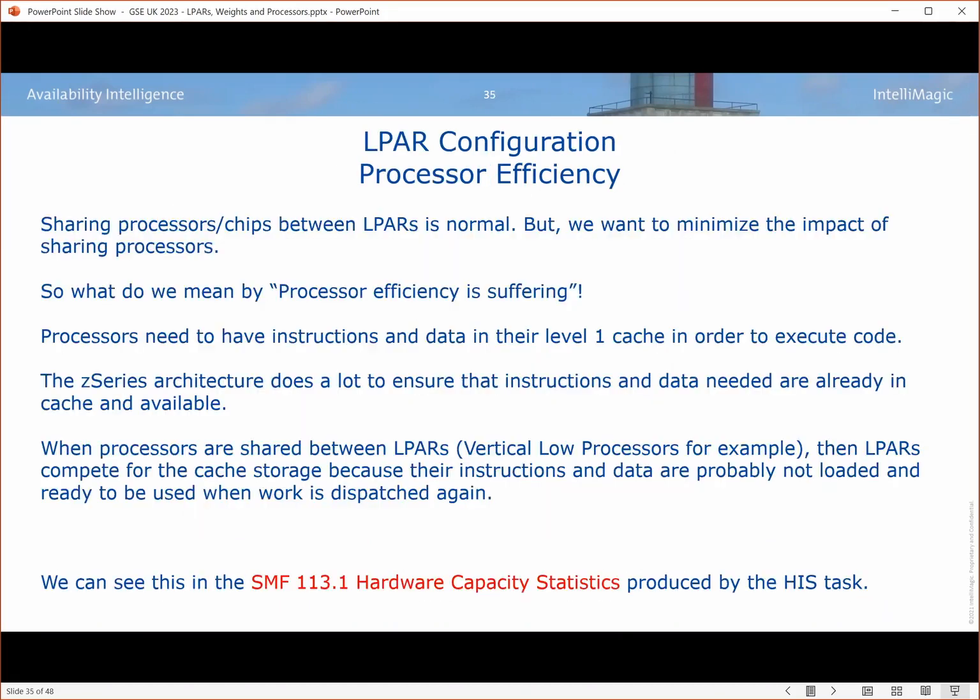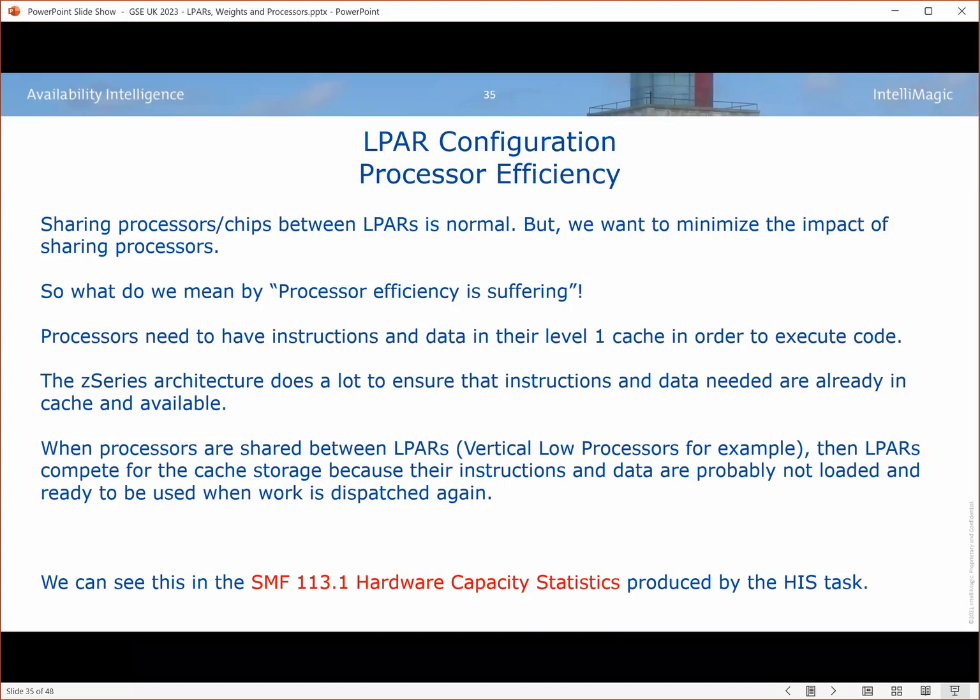Okay, so processor efficiency is something very important because of the need for the instructions and the data to be available for the processor to execute that workload. So we can actually dig a little bit deeper and see what the cost is. And that's sometimes interesting to see.